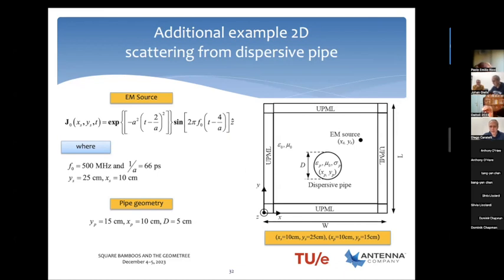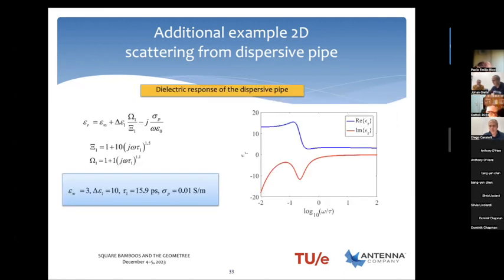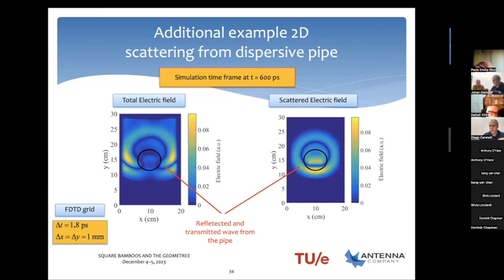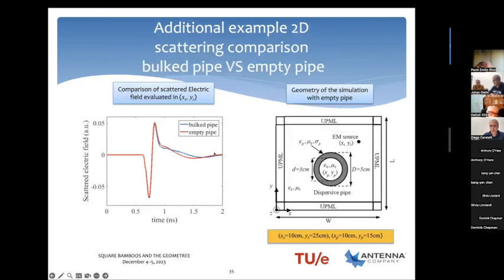I'm going to speed up a little bit here. We consider a pipe with certain characteristics, and we can evaluate once again the total field and the scattered electric field contributions. If you look at this in time domain, we can evaluate the characteristics, the composition of the pipe by looking at the distribution and the behavior of the scattered signal, whether the pipe is empty or, on the other hand, filled with certain material.